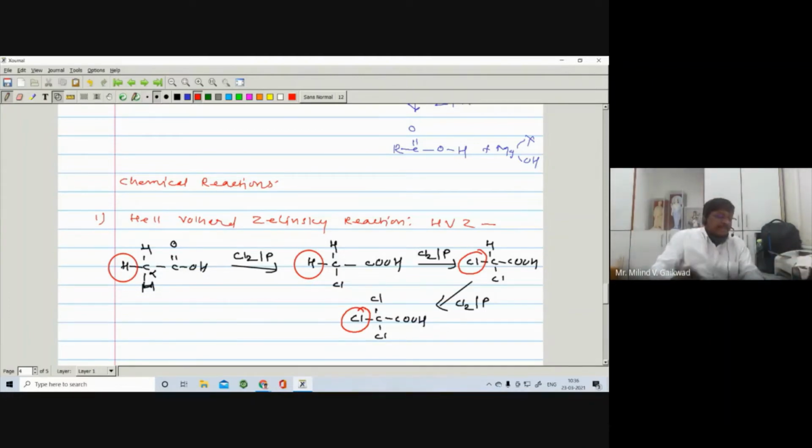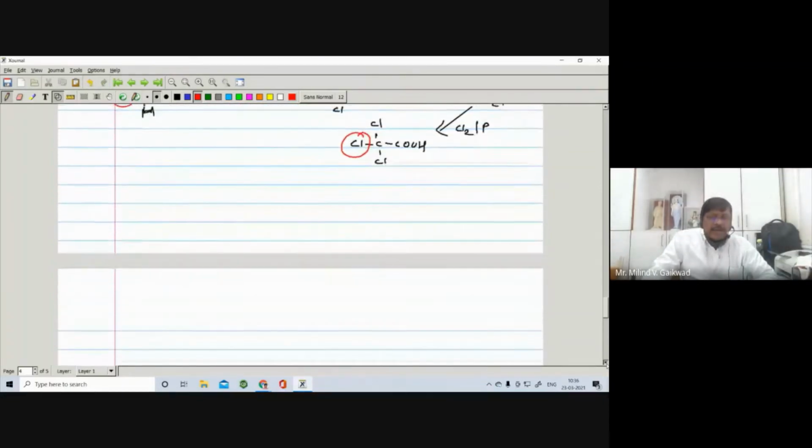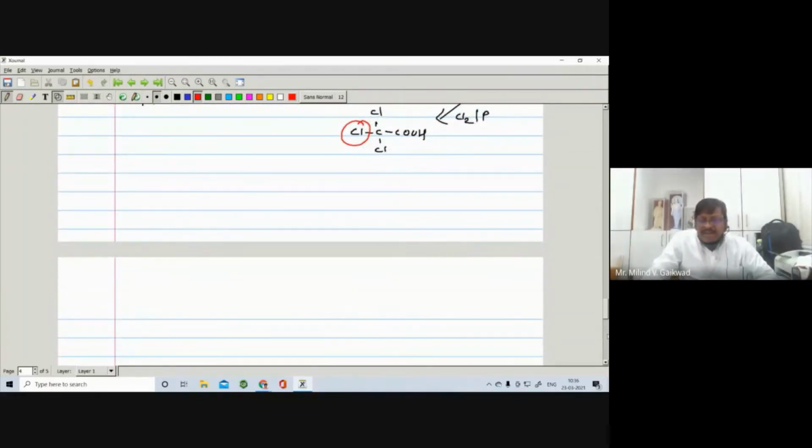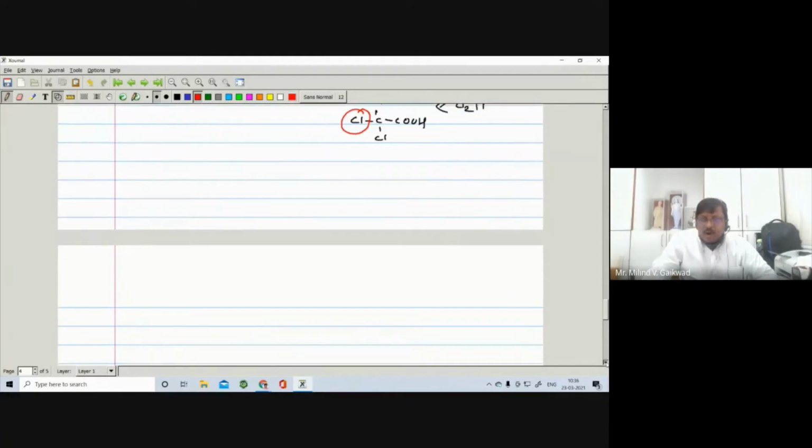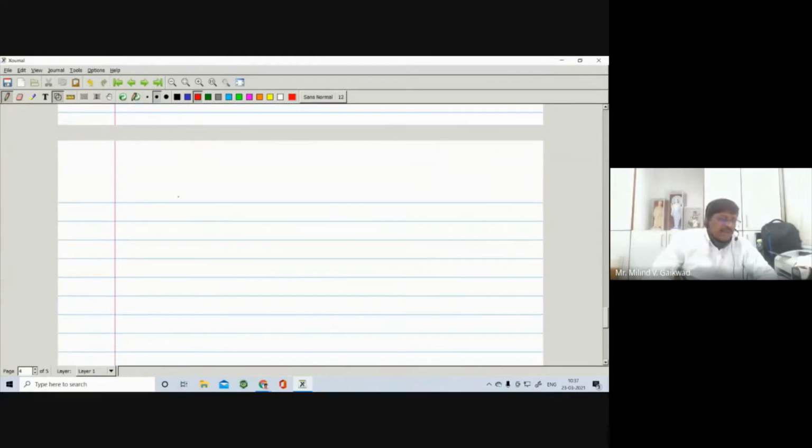Now the next reaction is the ring substitution reaction of the aromatic compound. Here we have seen the aromatic electrophilic substitution reaction of benzene, and there we have seen a number of reactions. Suppose there is a benzene nucleus, and on this benzene nucleus there is a COOH.